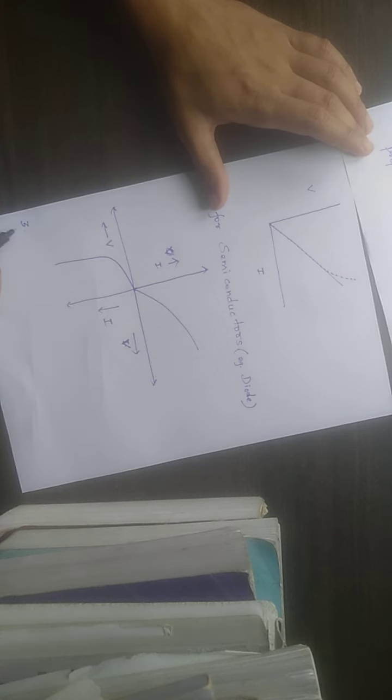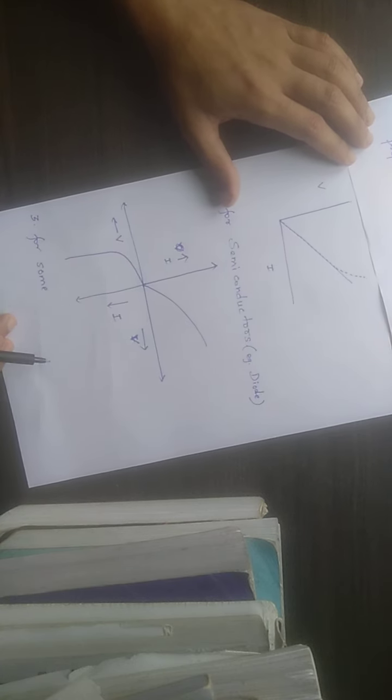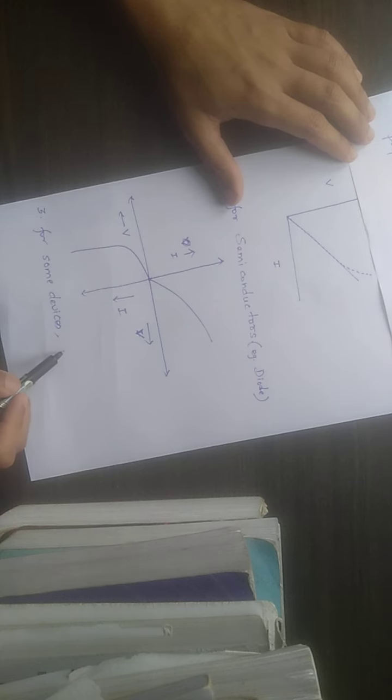Now the third limitation is that for some devices, there will be two values of current for a single value of voltage.